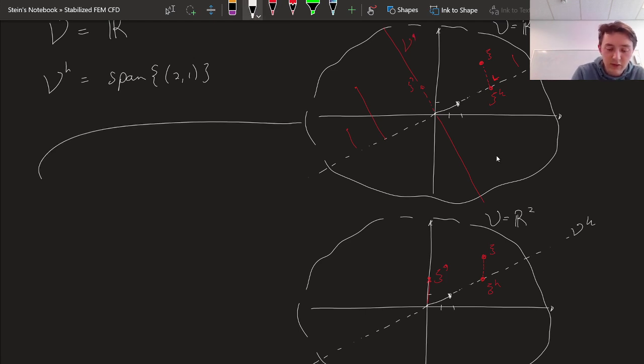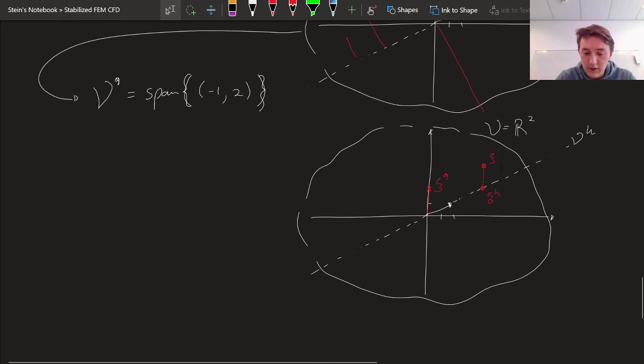So in this case, our fine scale space is defined as the span of -1, 2, the vector orthogonal to 2, 1. In this case, if I project any point along the y-axis, then naturally any fine scale solution is going to live in this plane. So then suddenly this plane has become the fine scale space.